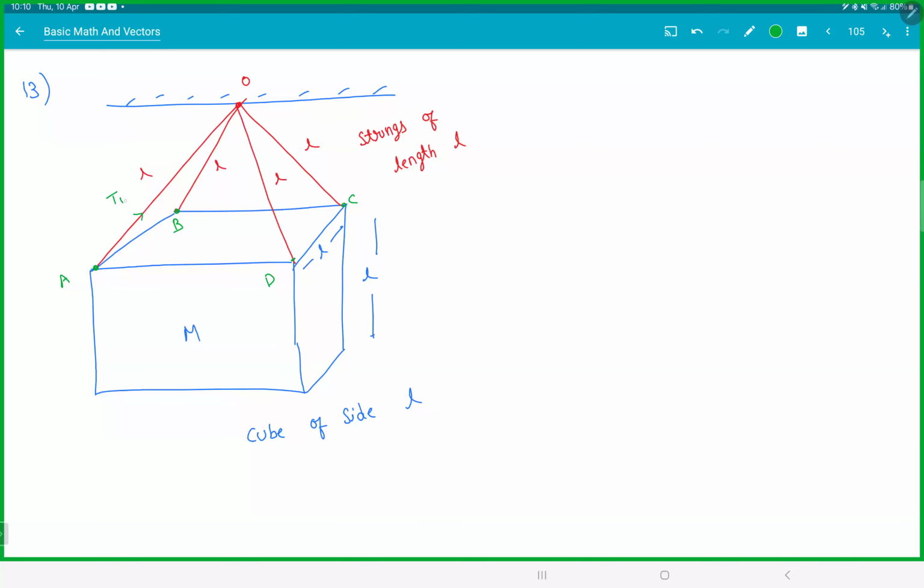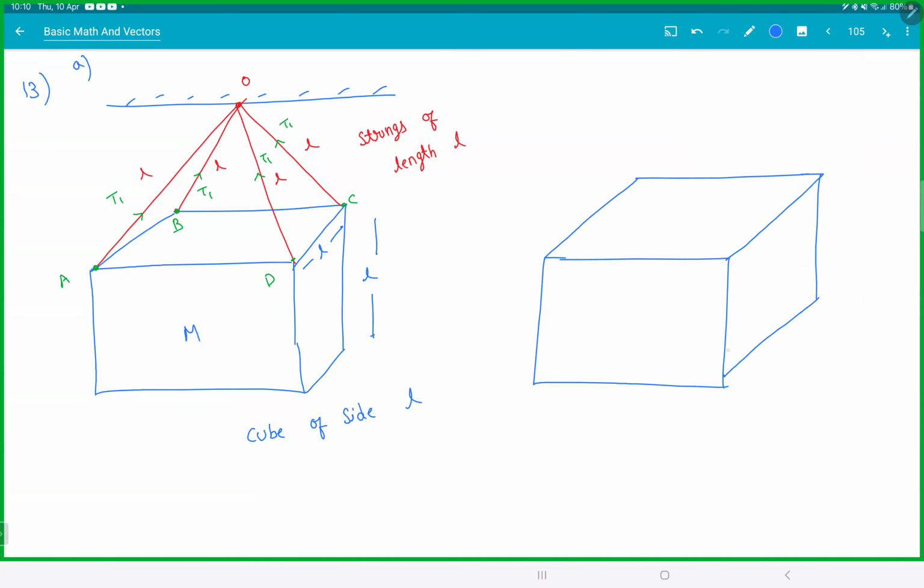This will have some tension T1, this will have some tension T1. All are identical, so they'll have the same tensions. Then you said, why don't you do something else? Instead of connecting like this, what if I connect at the centers?